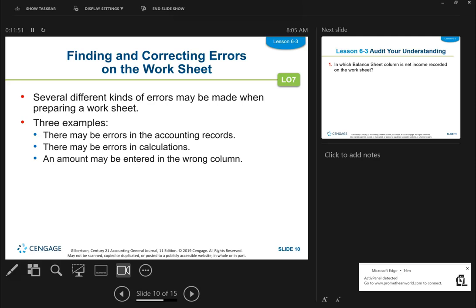Or the amount may be entered in the wrong column. Say we had a bill, and we charged it to the wrong account, like we had a receipt, and we recorded it under the wrong account. So we charged the wrong account this money when it should have been somewhere else. Everybody okay?